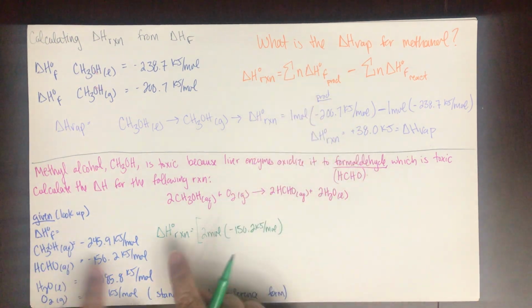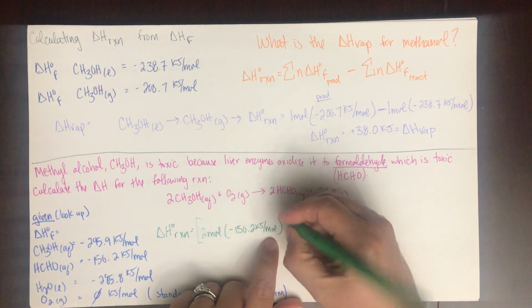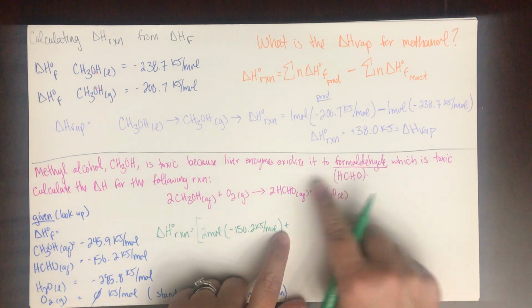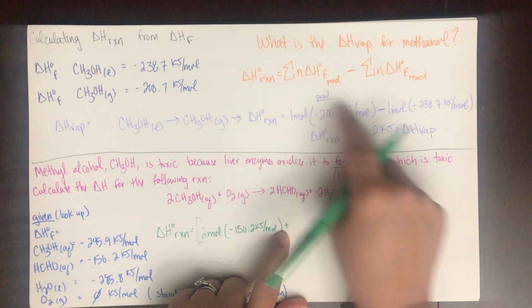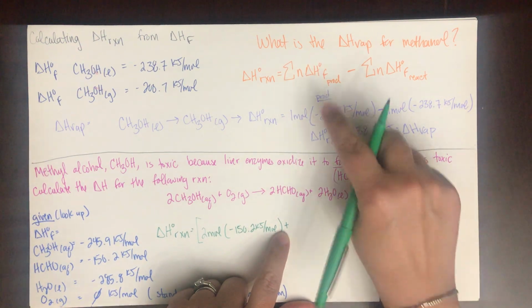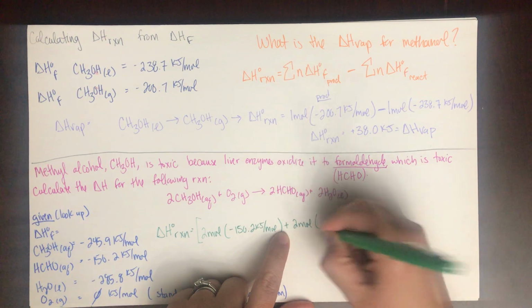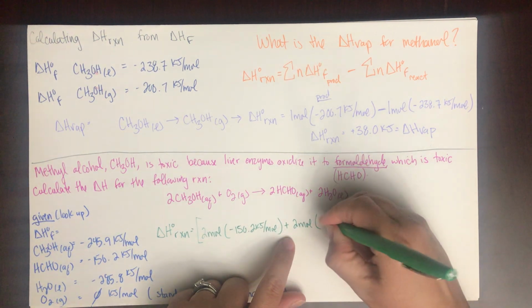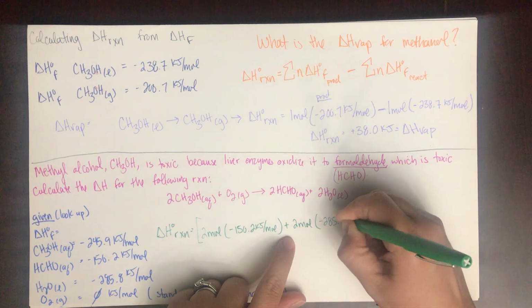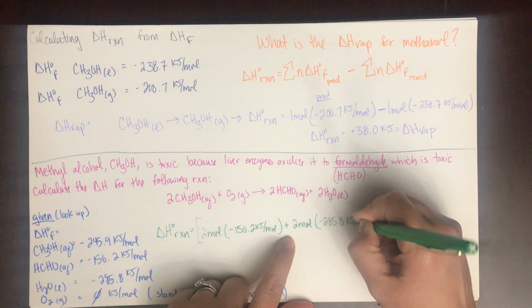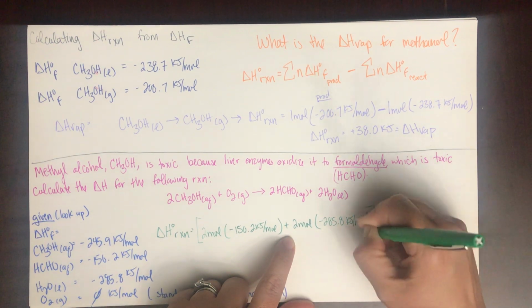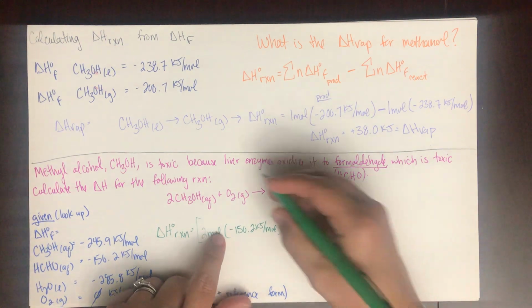So this is the first part, plus the number of moles times the standard enthalpy of formation of the other product, 2 moles, times negative 285.8 kilojoules per mole. So all of this right here, this is the products.